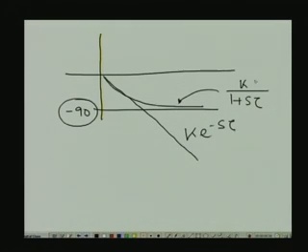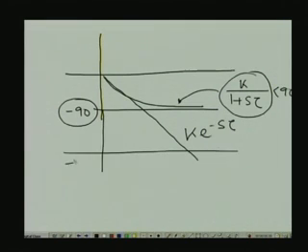So this means, for example, this system phase is always less than 90, but for this system the phase at some frequency is going to cross the minus 180 point, which is the critical point for stability. So there is always this phase lag, the phase lag of the process with a delay is always going to cross 180.